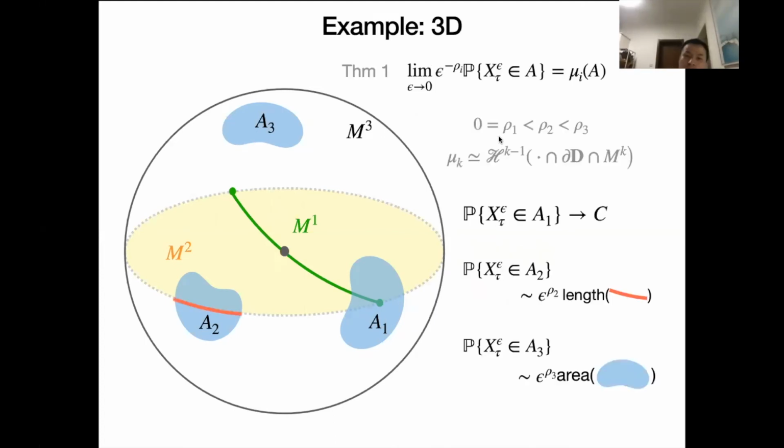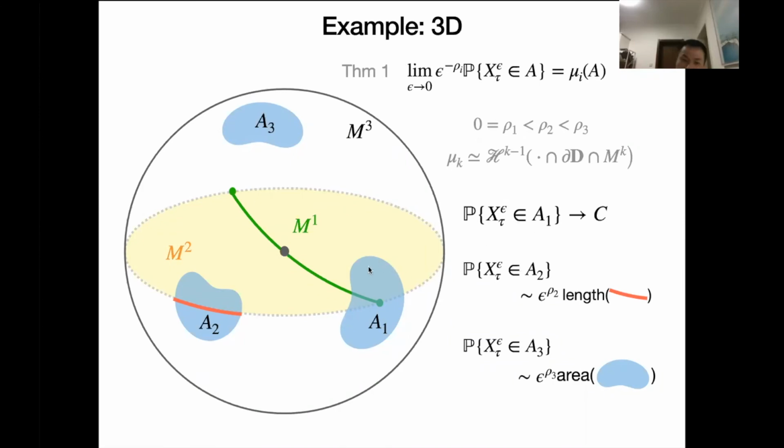Then theorem 1 gives us the scaled limit of this exit event, and then we can see the rough asymptotics of these probabilities.